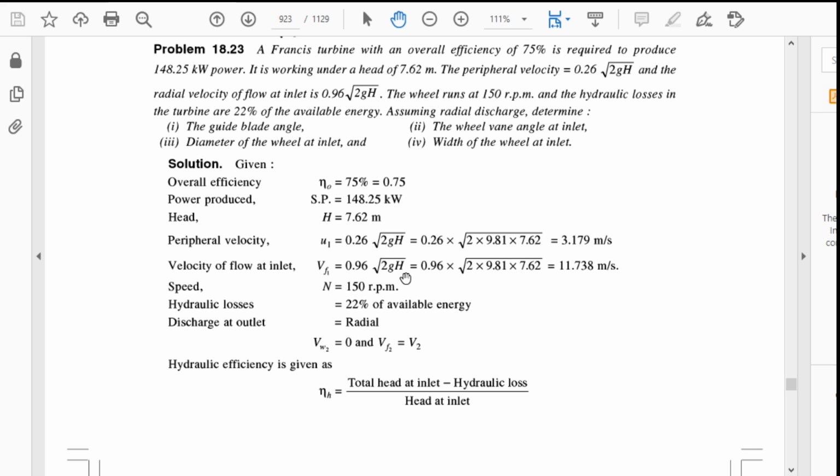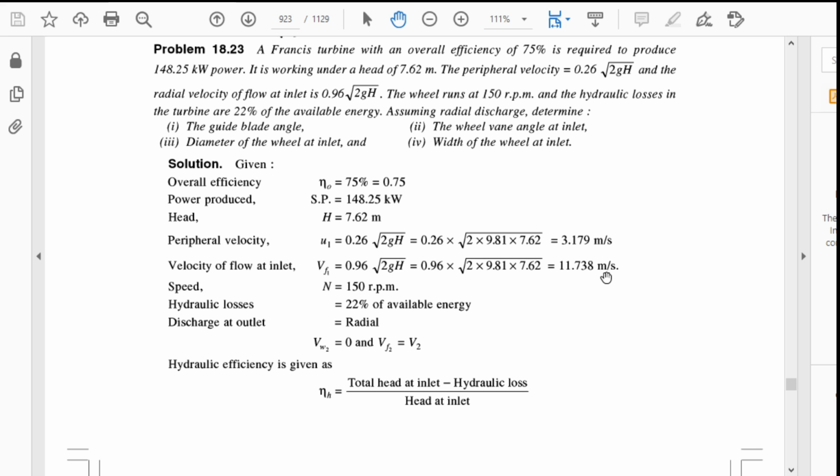You will get the peripheral velocity u1 equals 3.179, and the velocity of flow at inlet equals 11.738 meters per second.